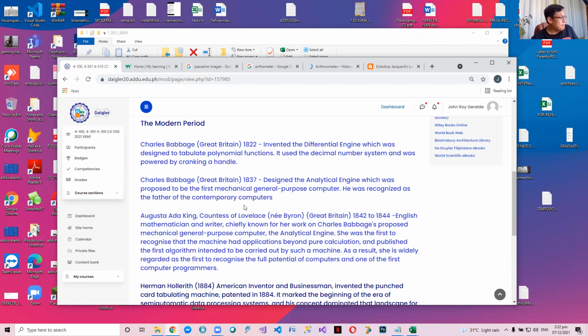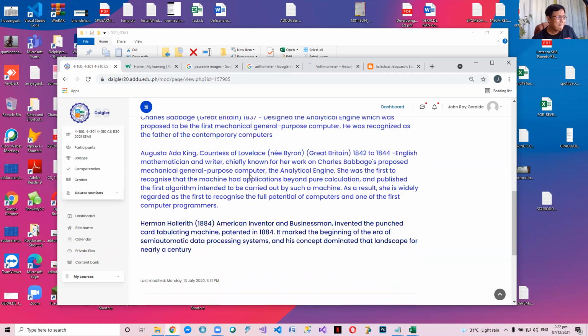In fact, it was Augusta Ada King who first demonstrated that Charles Babbage's invention can be programmed. His analytical engine can be put to actual use. In fact, she wrote several programs to show that the analytical engine is a working engine.